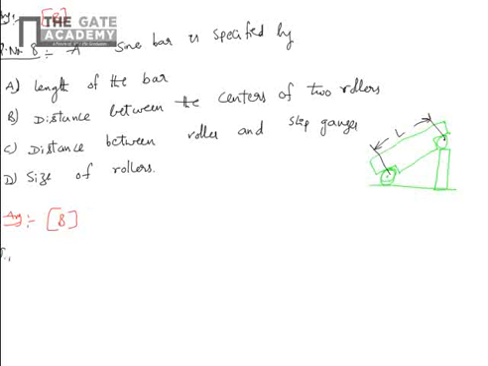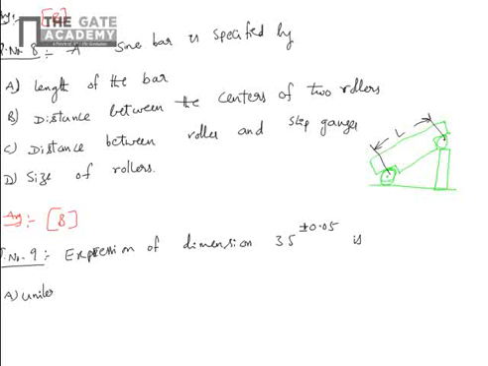Next, question number 9. Expression of dimension 35 plus or minus 0.05 is: A, unilateral tolerance, B, bilateral, C, none, D, both.